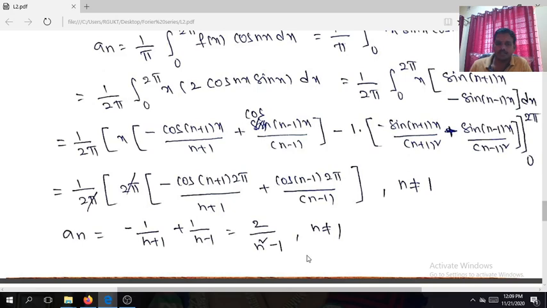Listen, we'll do this. If you go for the upper limit, lower limit, that minus is there. Here, if you go for the lower limit, 0 into, here x is there.